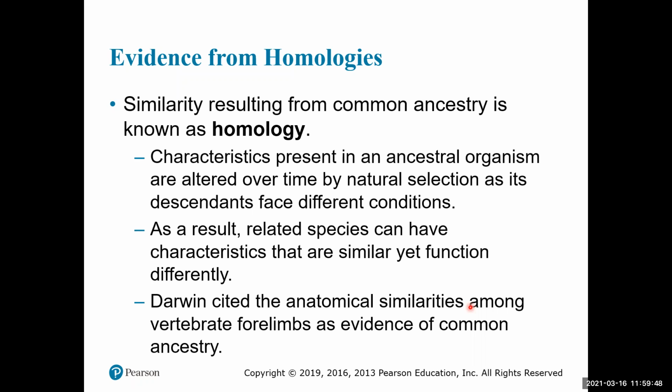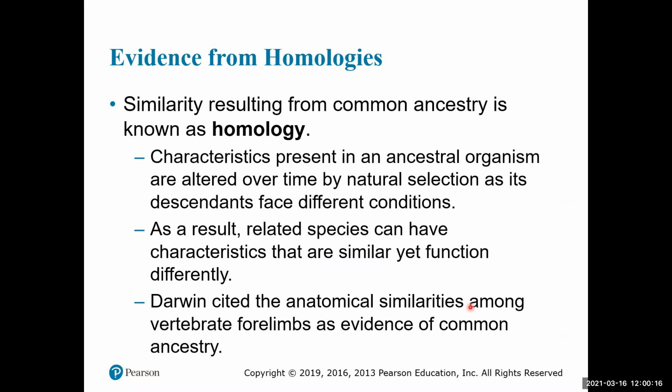Over time, that feature will be altered by natural selection when the descendants of that ancestor experience different environmental conditions. And so what ends up happening is that feature in those related species can have characteristics that are similar but serve a different function.